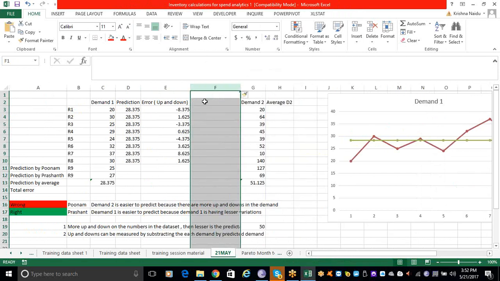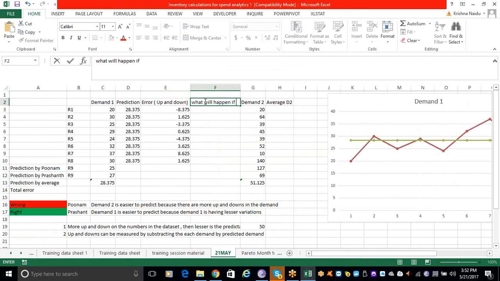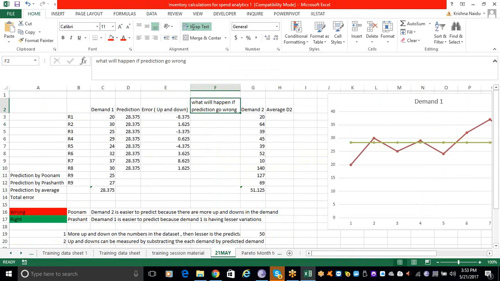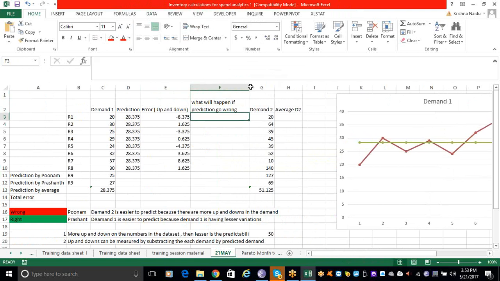Suppose I make a prediction, what will happen if predictions go wrong? If the demand is 20 and I make a prediction of 28, what will happen? Overstock, right?